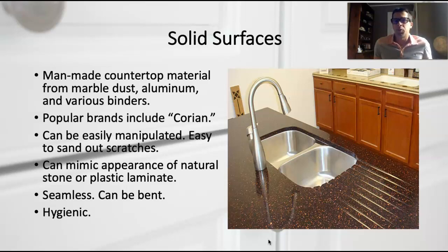The difference between these two is that solid surfaces, Corian, have a higher ratio of binders to stone products. I'm just going to make up some numbers here, but let's say Corian is 30% glue and 70% granite dust, whereas quartz is going to be 10% glue and 90% granite dust.